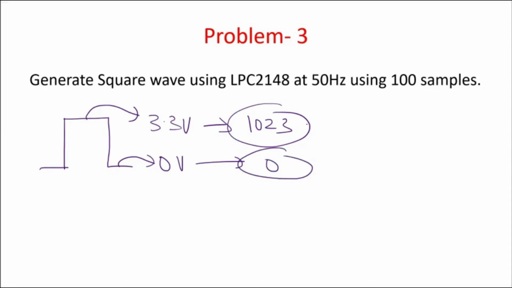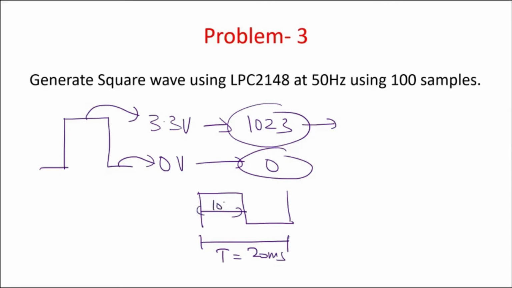So we have to give 1023 and we have to wait for 50 hertz. The total time period is T is equal to 20 milliseconds. So on period becomes 10, off period becomes another 10. So I pass 1023, I wait for 10 milliseconds.